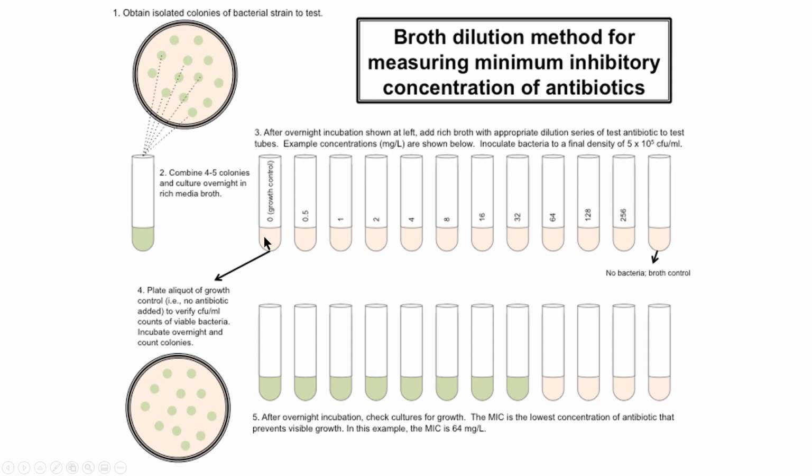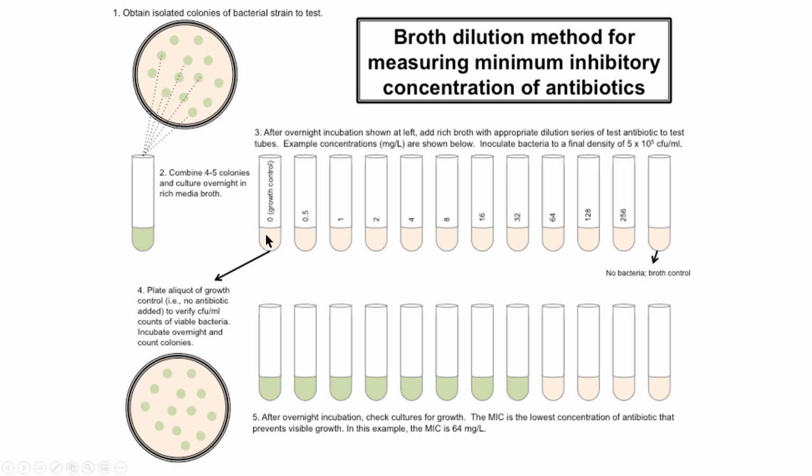You can imagine a series of test tubes in the microbiology lab, and in each test tube we will have a broth. Broth is essentially nutrients for bacteria to grow. These are sterile, so there are no bacteria in them, and we put the antibiotic of choice that we are trying to test in these test tubes, and we increase the concentration of antibiotic in each test tube, doubling the dilution.